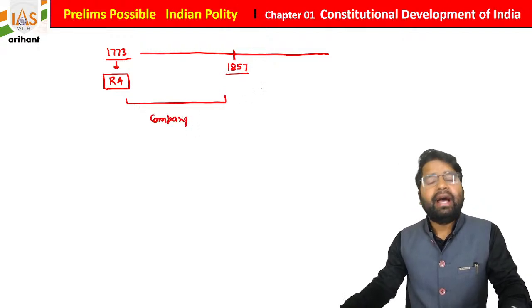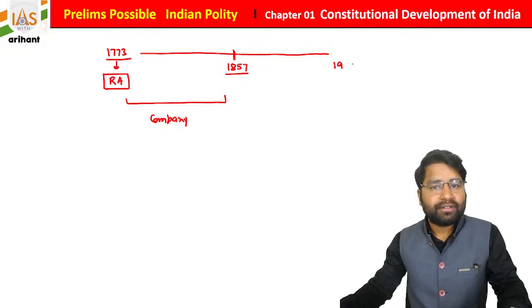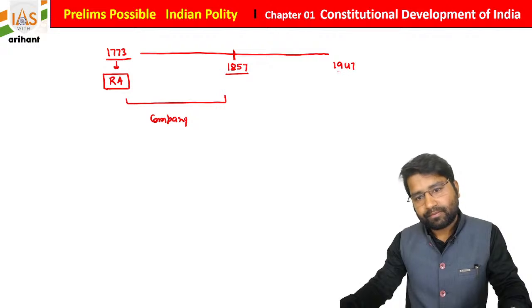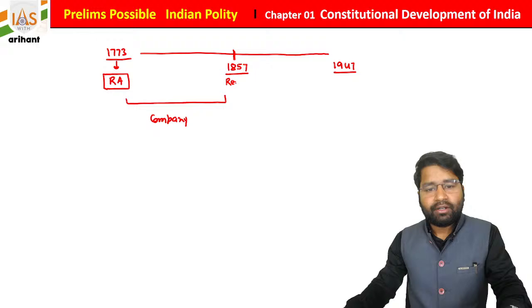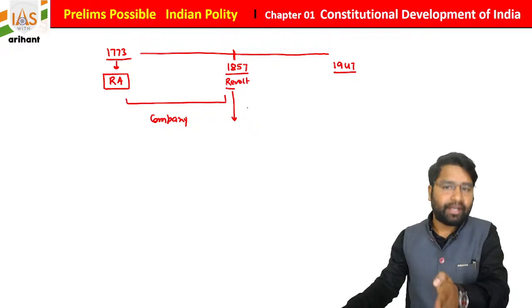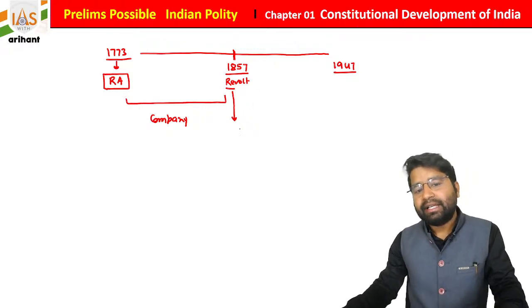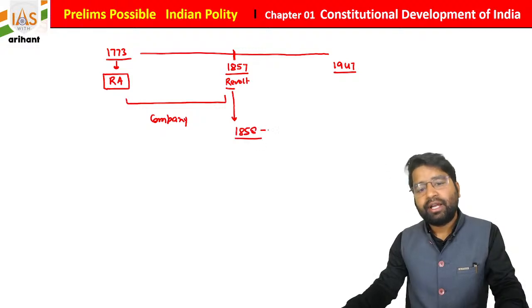Okay, and after 1857, when there was a revolt, there was a change. What change took place? The company rule ended, and in 1858 a new act was introduced, called the Crown Act.